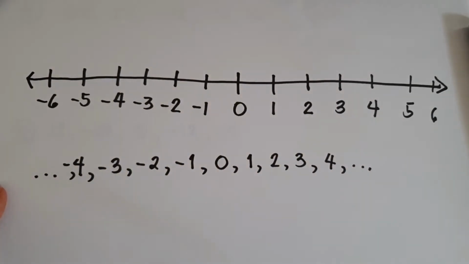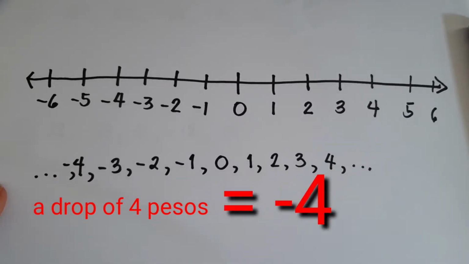Now, let us apply these integers in real-life situations. To be able to determine if a sentence is positive or negative, a keyword can tell us that. So, a keyword can tell us if the number is positive or negative in the given sentence. For example, a drop of 4 pesos is negative 4 pesos.